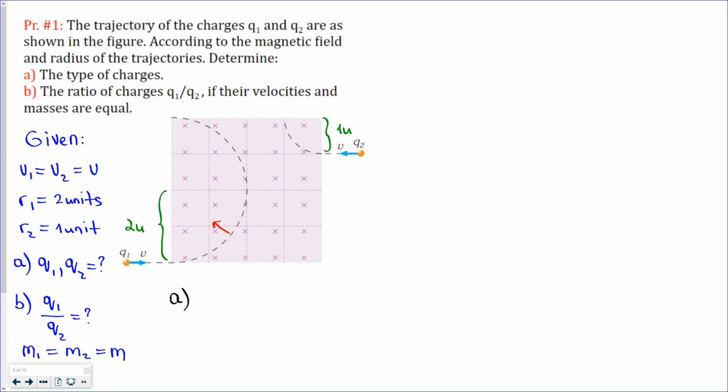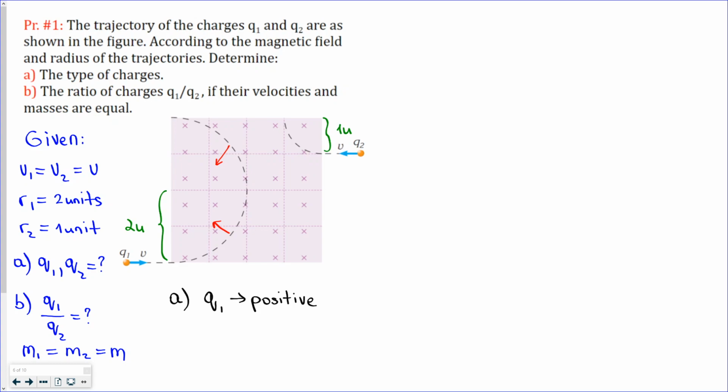Before the charge enters the magnetic field, the force is applied to the center. So it's obvious that this Q1 charge is positive, because the right-hand rule can be applied.